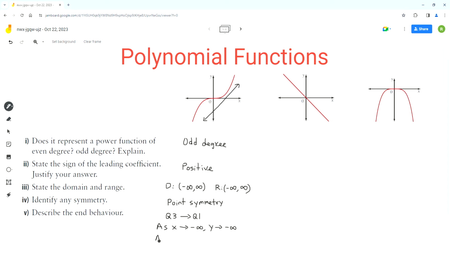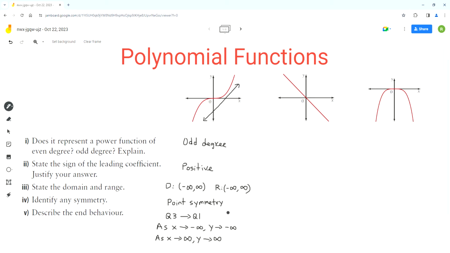Now for the right side, as x approaches positive infinity, y approaches positive infinity. So this is the end behavior in terms of the x and y values on the extreme left and extreme right. As we go on the right side, the graph keeps going up. So these are the answers for the first graph.